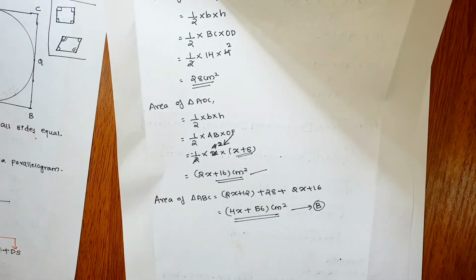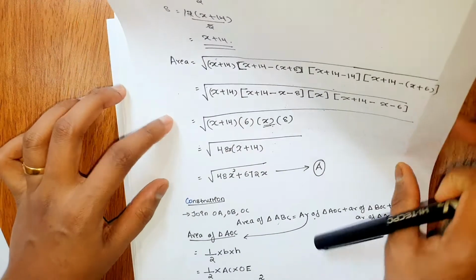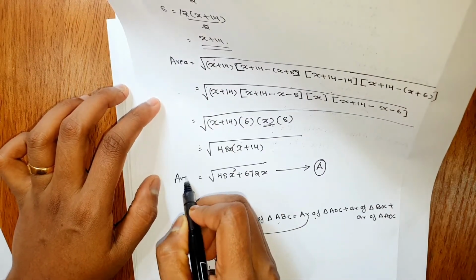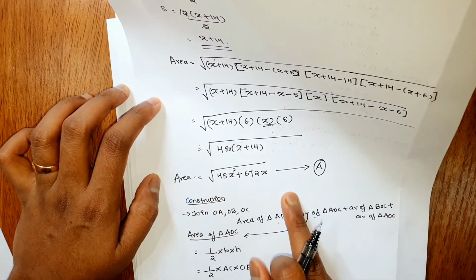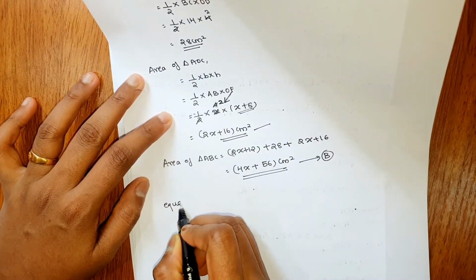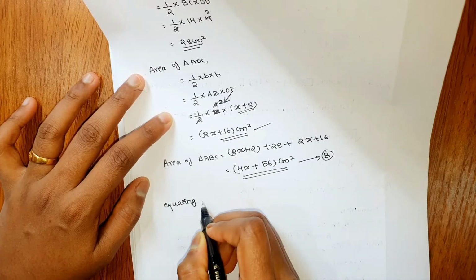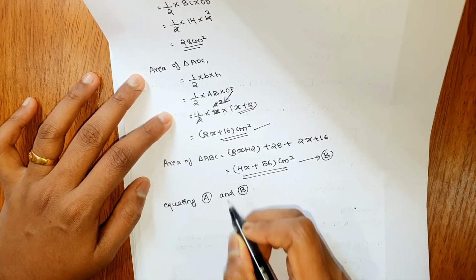Okay, we have an equation A. What is our equation A? Our equation is also the area of the triangle. So we can equate A and B. Both are areas. So I am equating A and B. Okay. So what is our A?